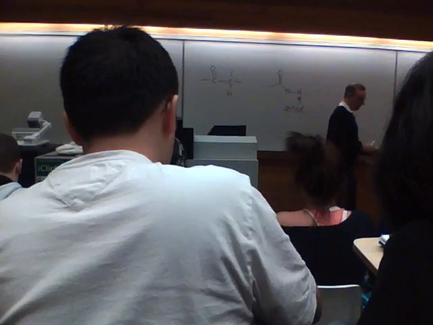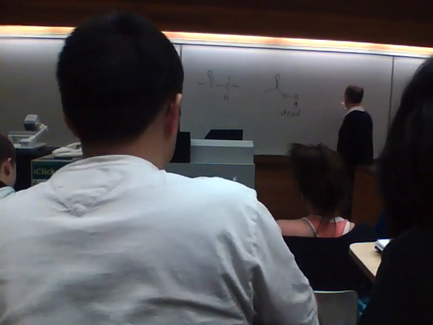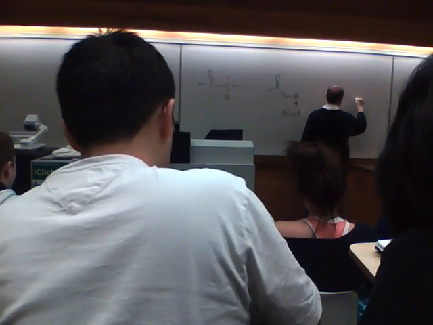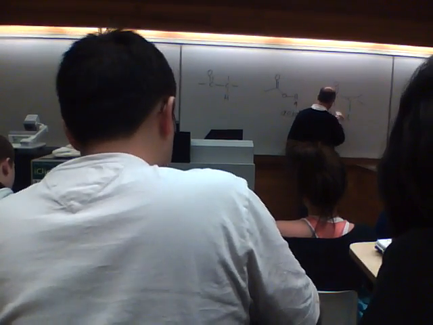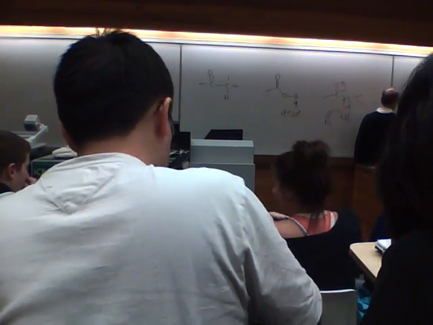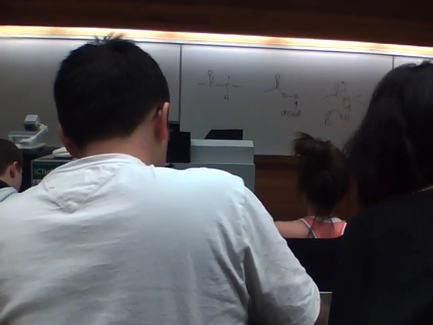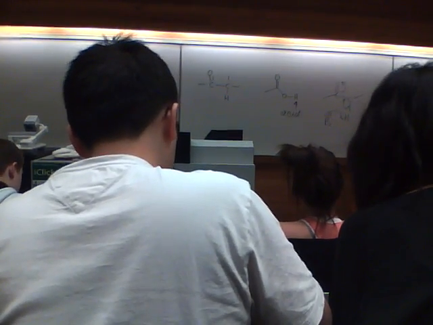But they are acidic. And if you treat a carbonyl compound with a base, with a sufficiently strong base, that's just represented in a generic form, what you observe is removal of that proton, and you generate a substance called an enolate.